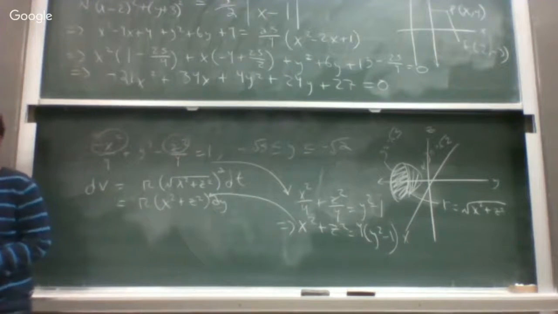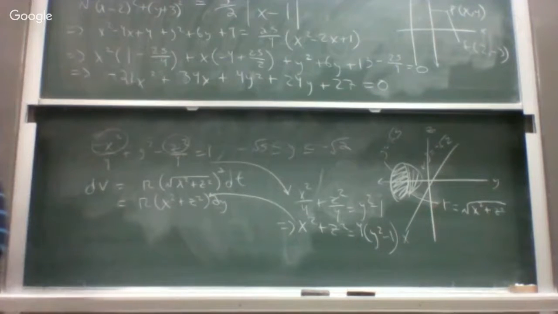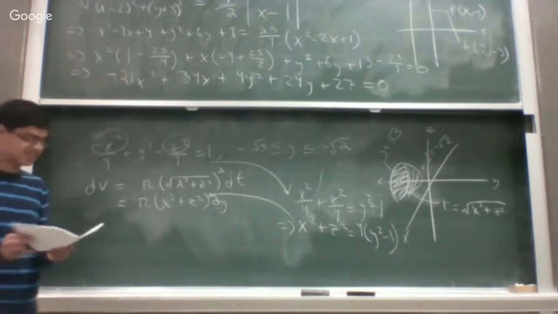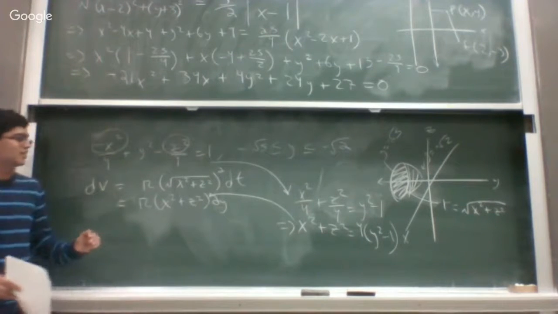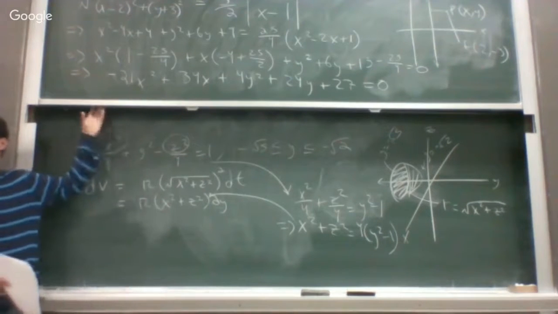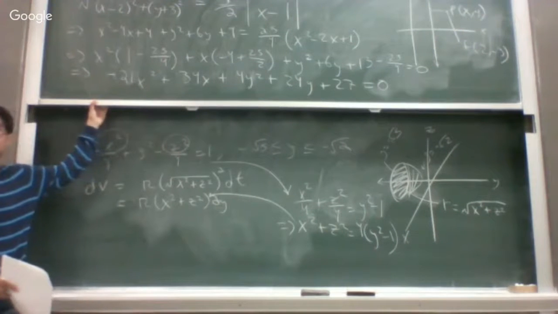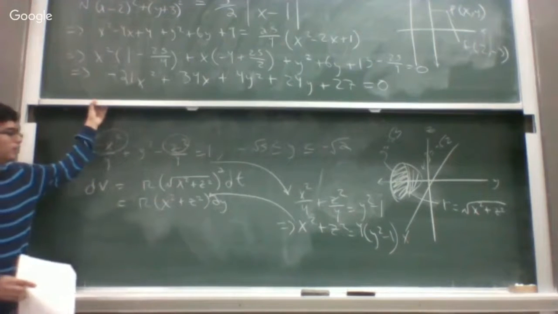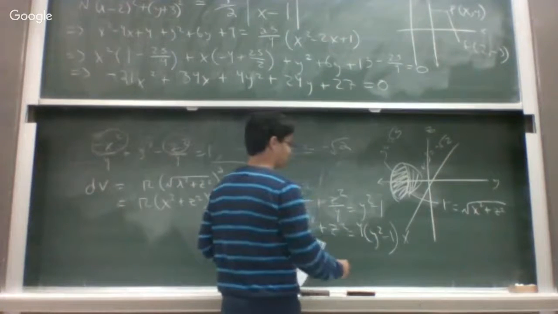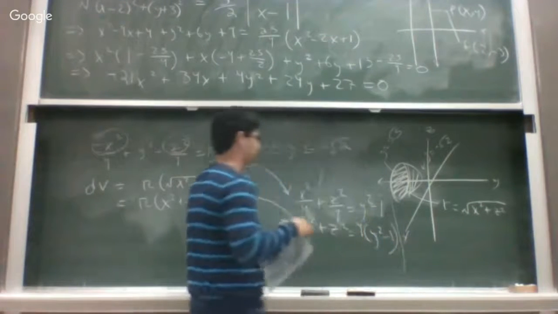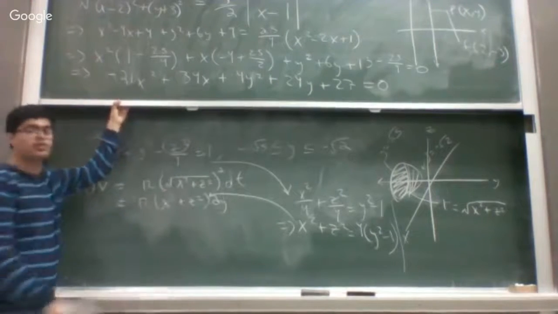In Calc 3, you'll do crazy stuff with this, like, not even imaginable stuff. Okay. Are you guys good with this then? Can I move on? Yeah, because you're just solving for x squared plus z squared.